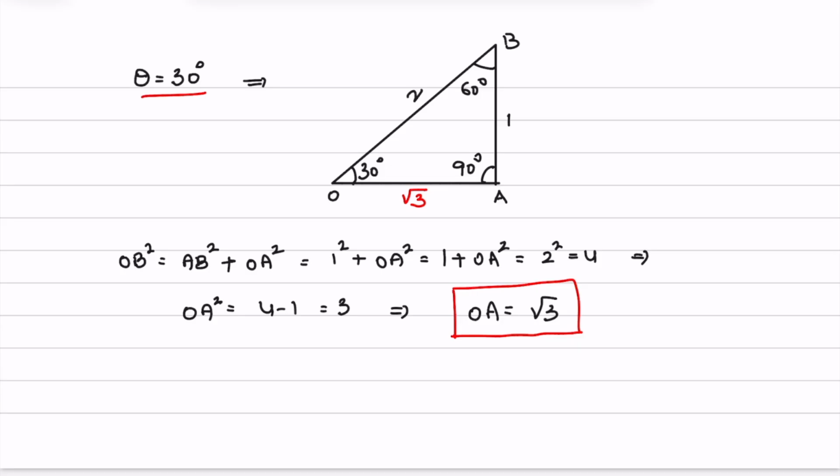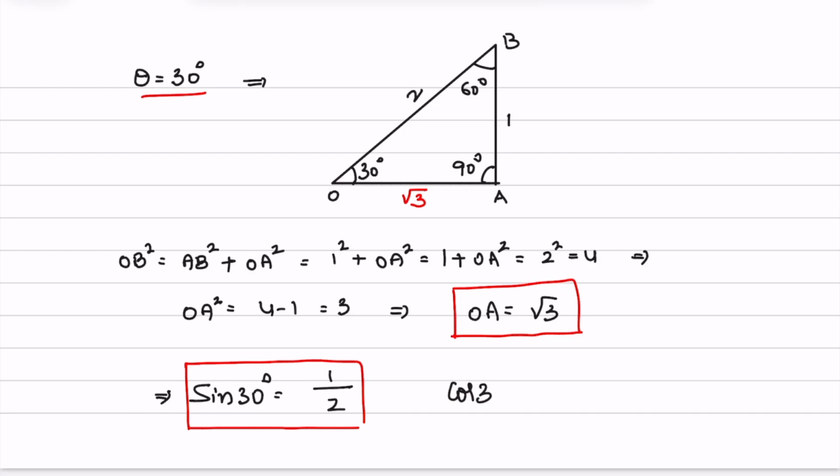From this, we can say sin 30 is equal to opposite side by hypotenuse, which is half. And cos 30 is equal to adjacent side by hypotenuse. Adjacent side is root 3, hypotenuse is 2.